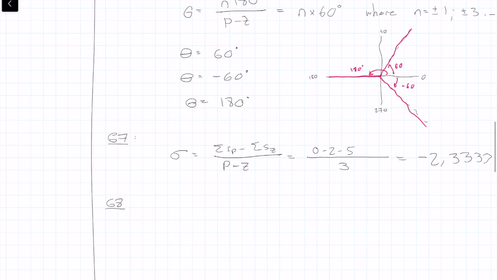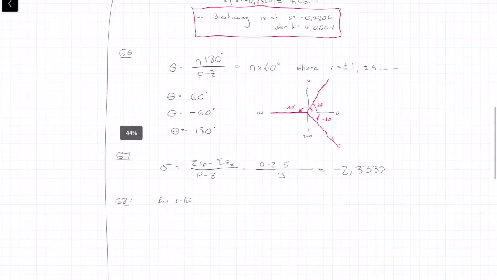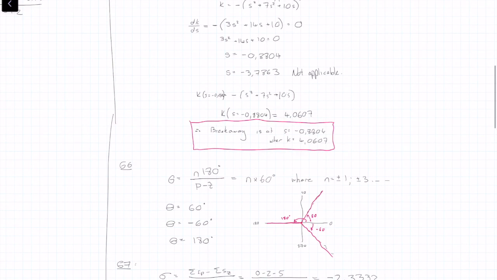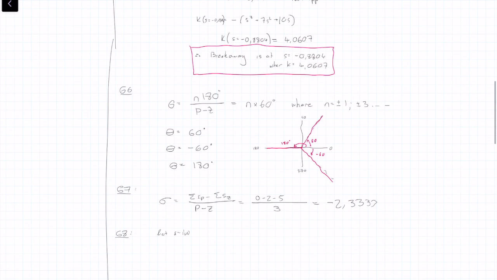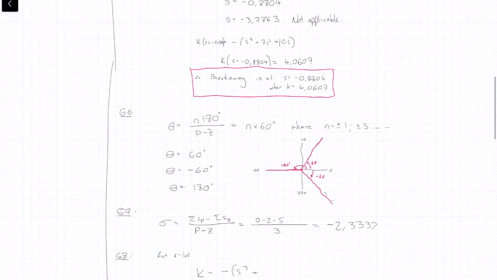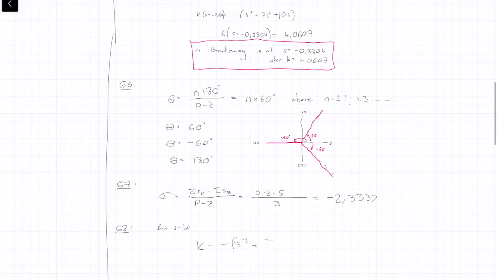Guide number 8 says we let s equal i omega. Let's figure out which equation we want to use. We can use this one right here. So K equals minus s cubed plus 7 s squared plus 10 s.